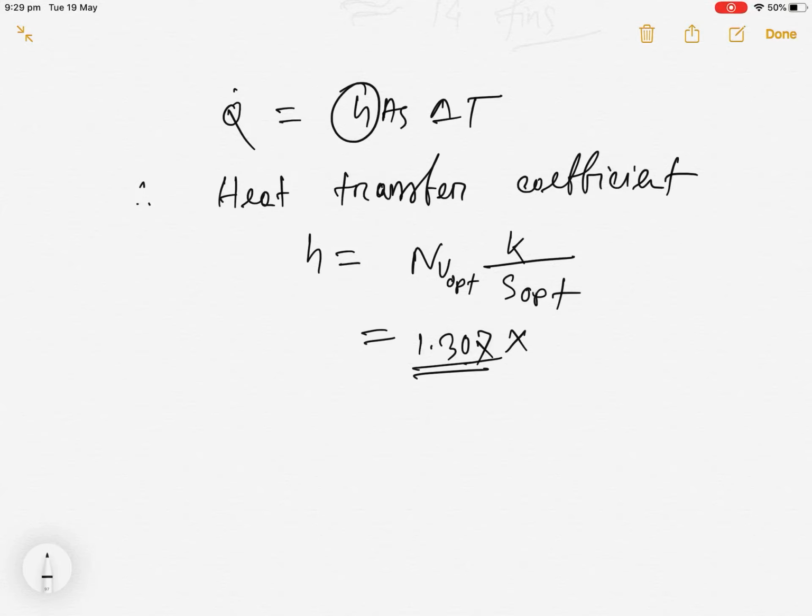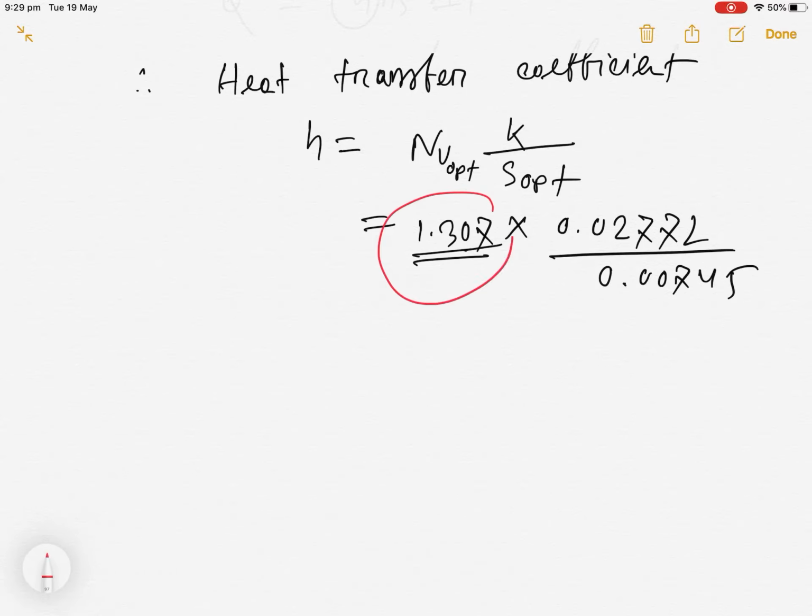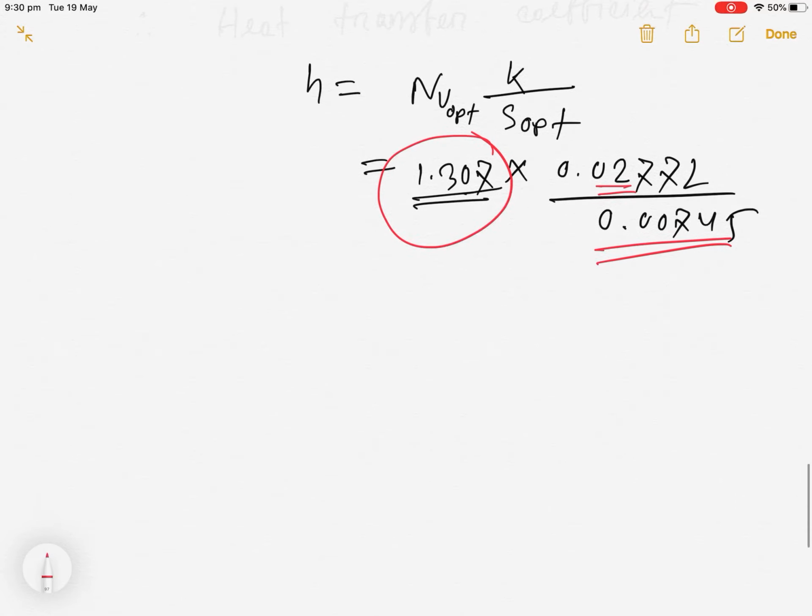If you missed the lecture, then go through the lecture recordings. So it is 1.307, the thermal conductivity is 0.02772, and the optimum spacing we got is 0.00745. As the Nusselt number is constant here, and the thermal conductivity is constant, the heat transfer coefficient is 4.863.